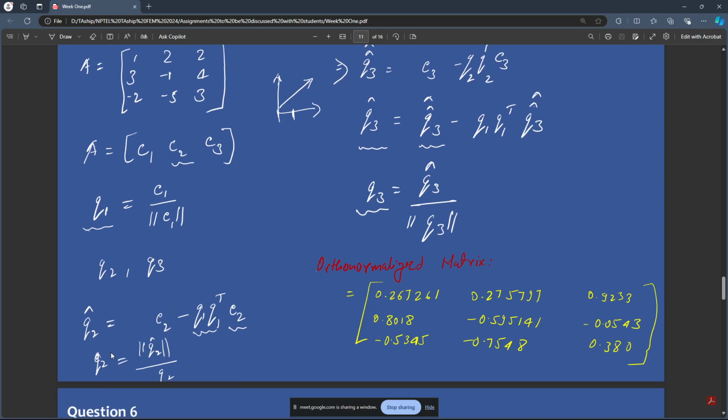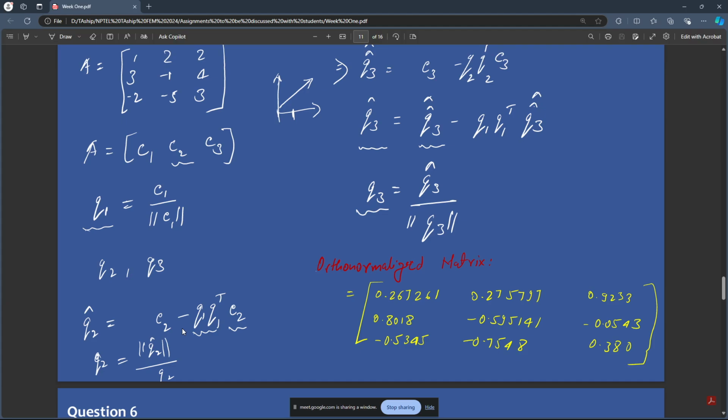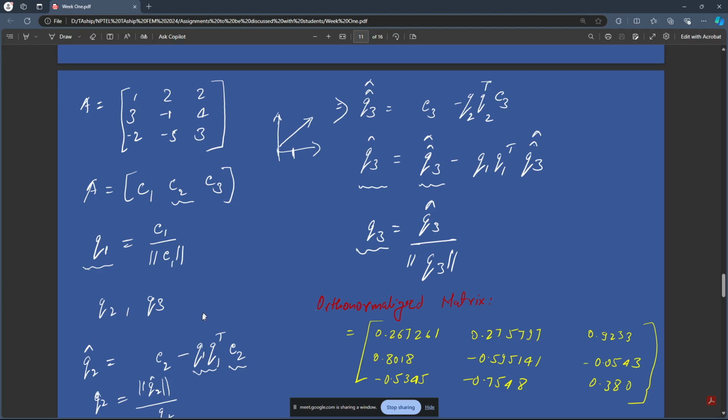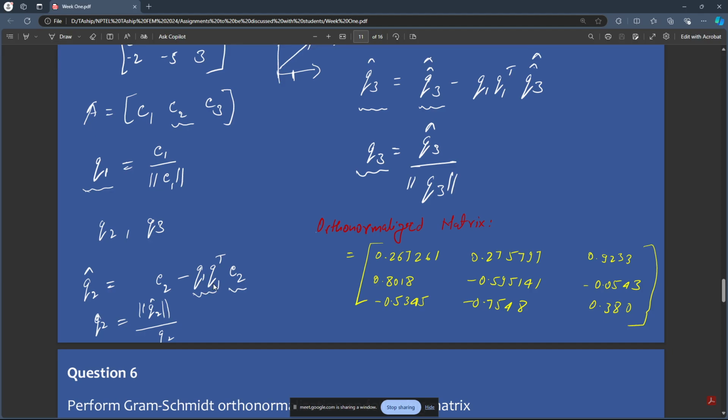Then for getting the second vector, you need to remove the trace of that particular vector from the new vector, so that both vectors are orthogonal to each other. Let's assume this is your E1, and your E1 is 1, 3, minus 2 in this case. For E2, you need to take Q1 and then Q1 transpose, multiply by E2, and subtract that from E2. Are you doing the same?